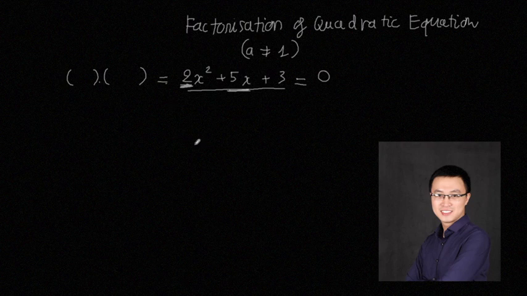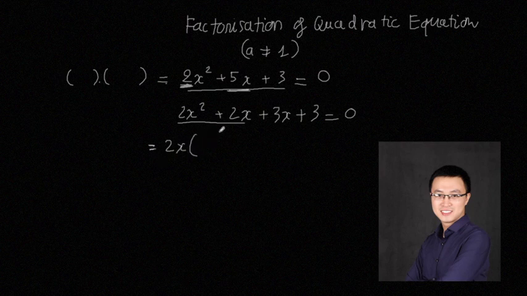So I will make 5x become 2x plus 3x, so we have 2x squared plus 2x plus 3x plus 3, and I put it equal to 0. Take care about this one. The first two terms have the common factor 2x, not only 2 or only x.